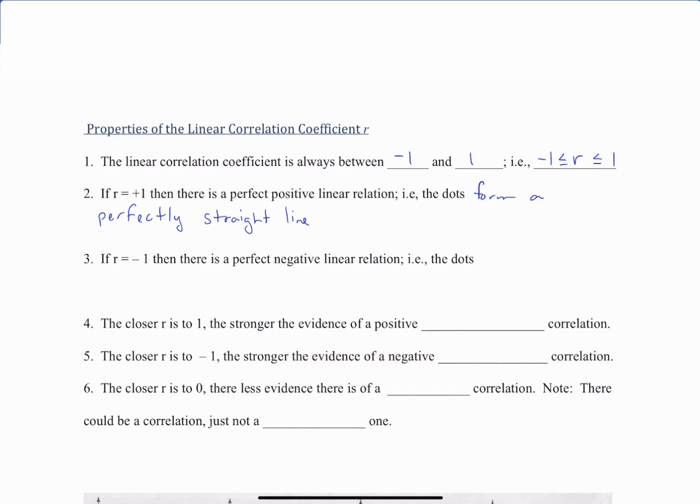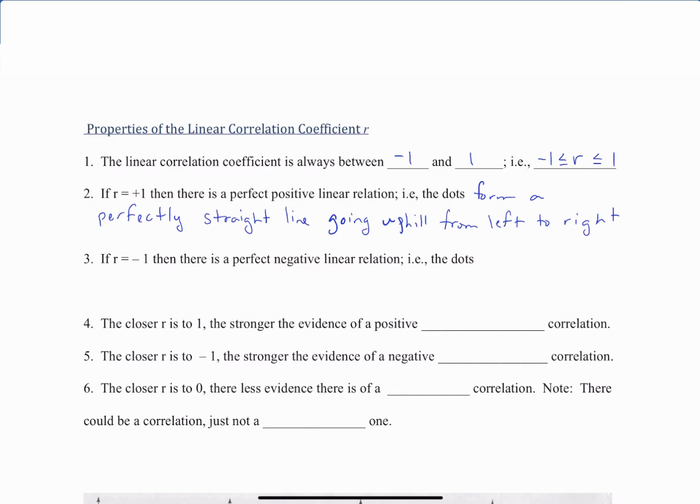And remember, a positive correlation coefficient means the line is going uphill as you go from left to right. So let's add going uphill from left to right.